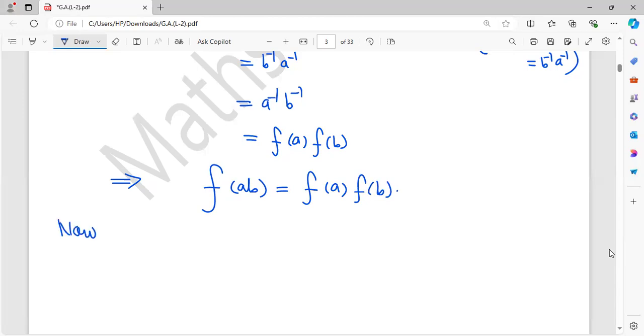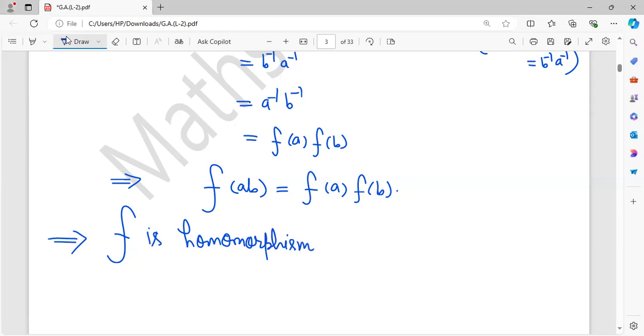Now F is a homomorphism. So this implies F is a homomorphism. Okay.